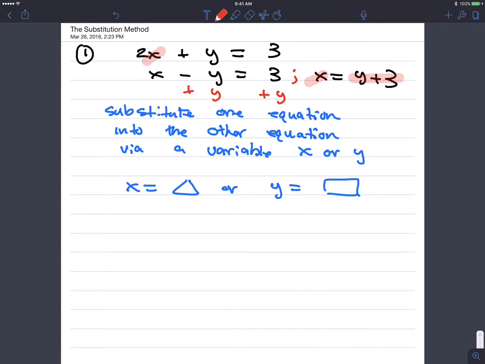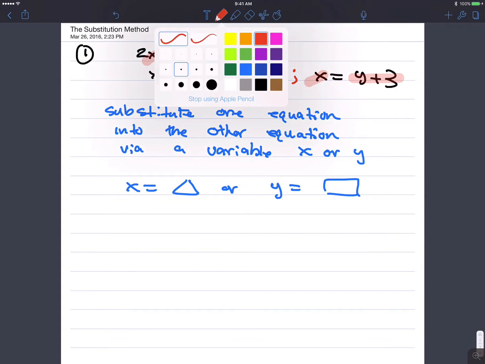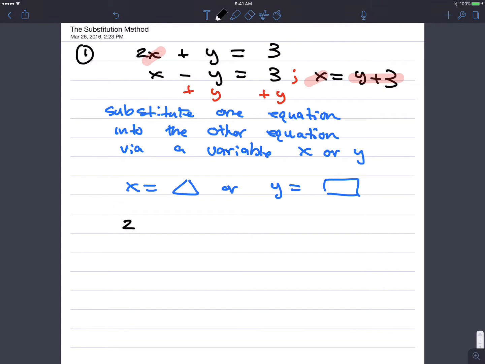Maybe we'll bring this first equation down here. How's that? 2x plus y is 3. We're going to replace the x with y plus 3. Take a look.